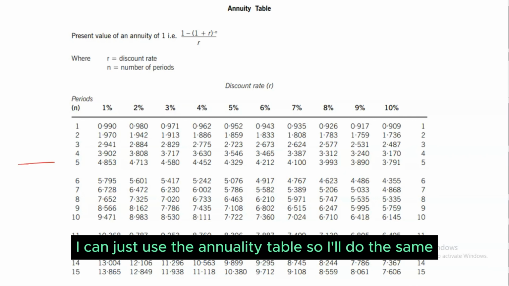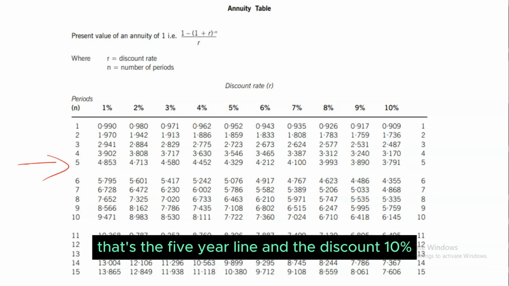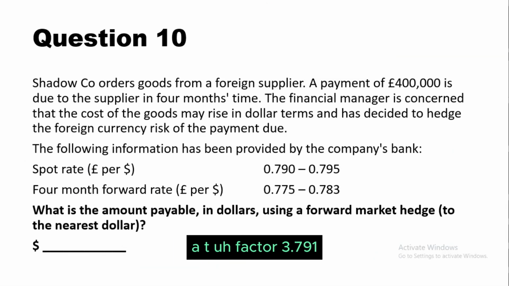So I'll do the same. That's the 5-year line and the discount 10%. So we're going to intersect at 3.791. That's the annuity factor, 3.791.